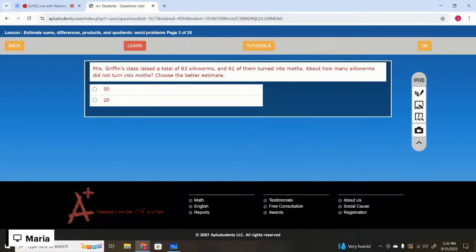Mrs. Griffin's class raised a total of 83 silkworms and 61 of them turned into moths. About how many silkworms did not turn into moths?